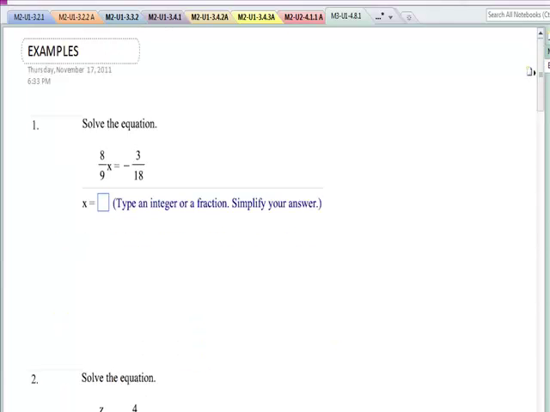I'm going to give myself plenty of space here. I have the problem 8/9 x is equal to negative 3/18. Now, several things are going to happen in these problems. First of all, there may be fractions in the equation, and there may be answers that are fractions for the first time.